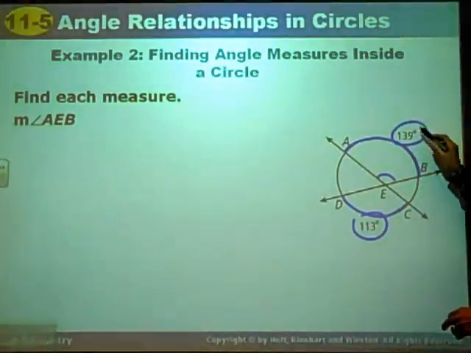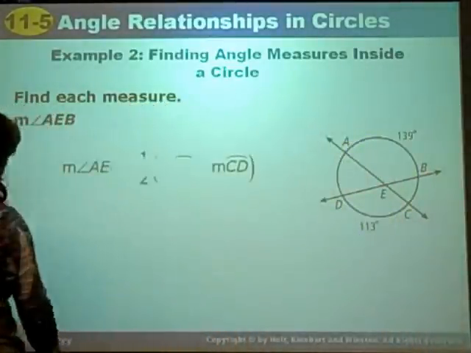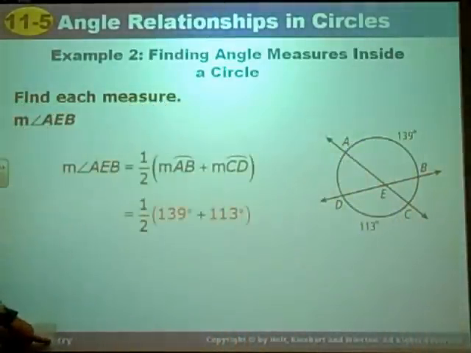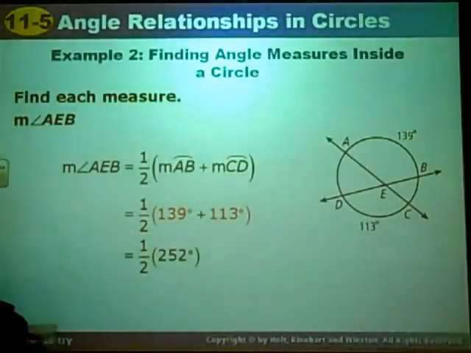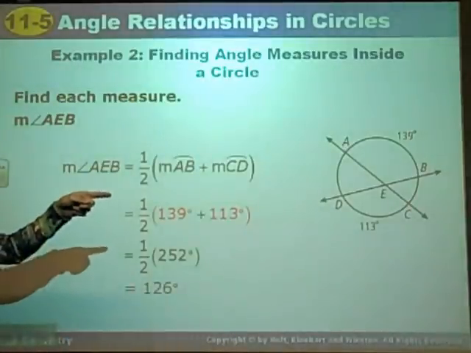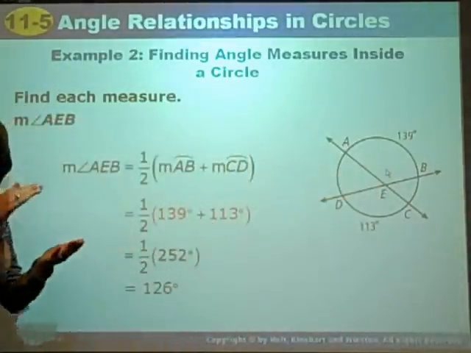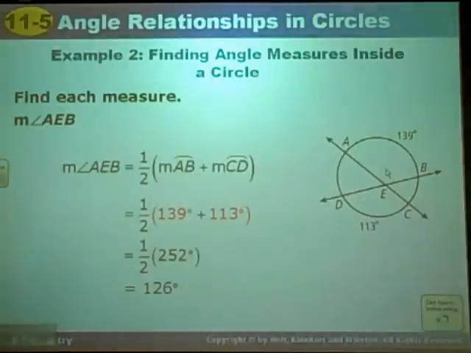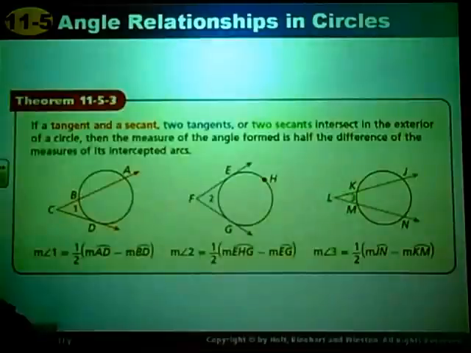I average them, I add them up, divide by 2, and I know my angle measure. So write down your formula: add the two arcs, divide by 2, and you've got 126 degrees, and that would be both this angle and this angle. So if the vertices are inside the circle, just average the two arc measures, and you've got it.